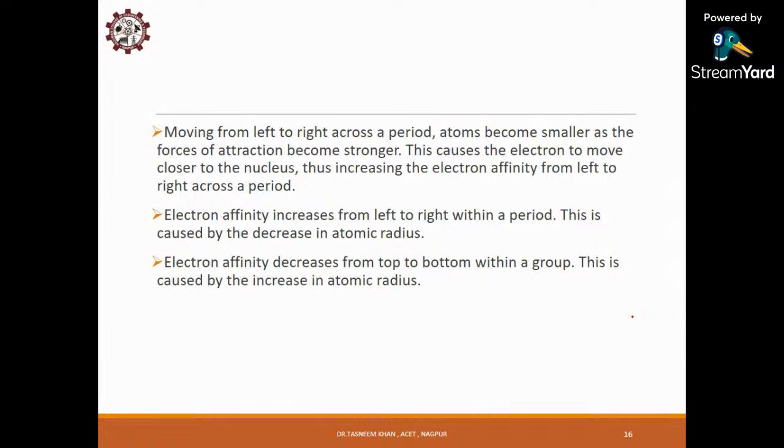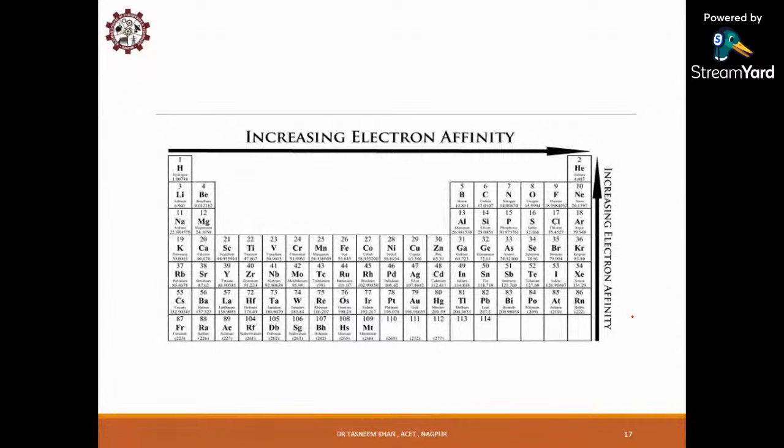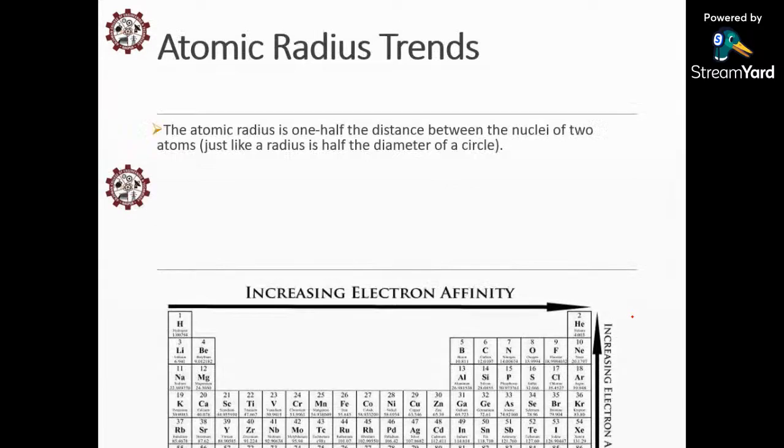So electron affinity increases from left to right within a period, caused by the decrease in atomic size, whereas it decreases from top to bottom within a group because of the increase in atomic radius. So every property basically depends upon the size of the atom. This is just the pictorial presentation where we see the increase in electron affinity from left to right, and the decrease in electron affinity from top to bottom.